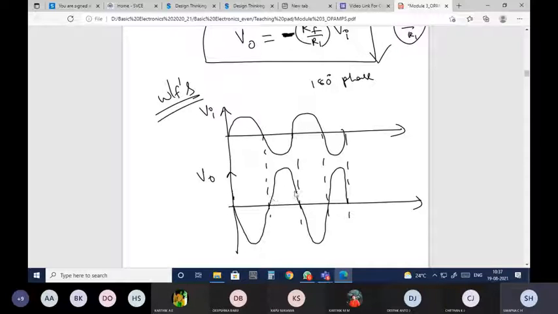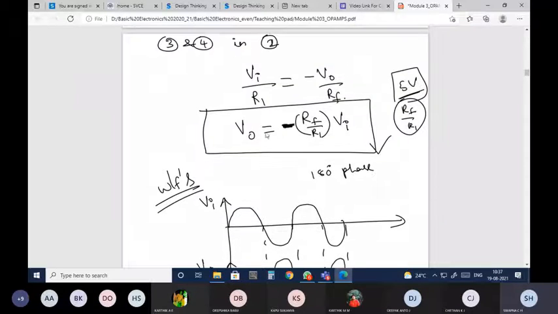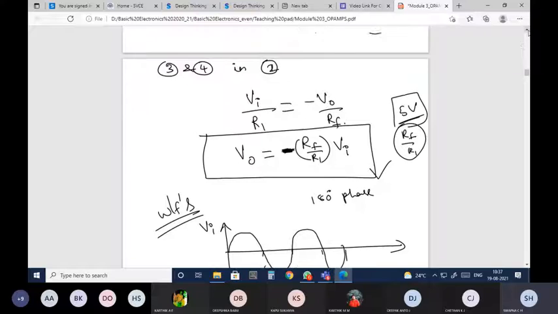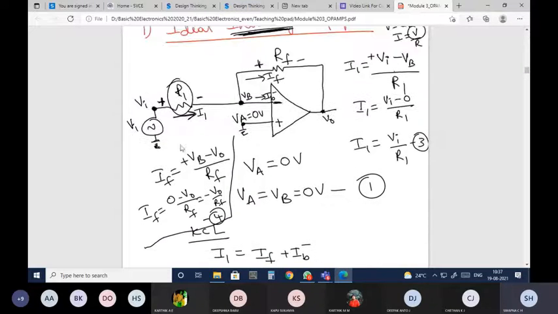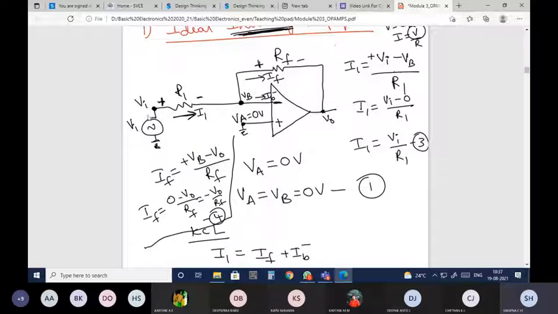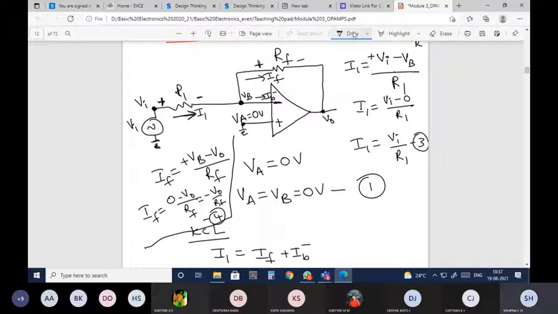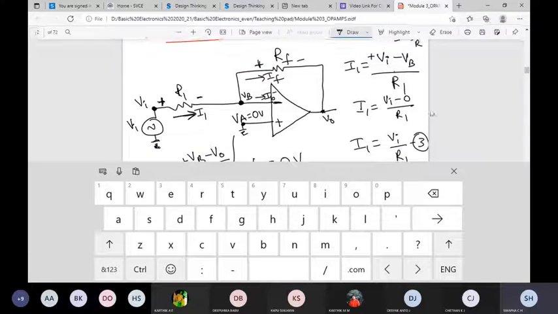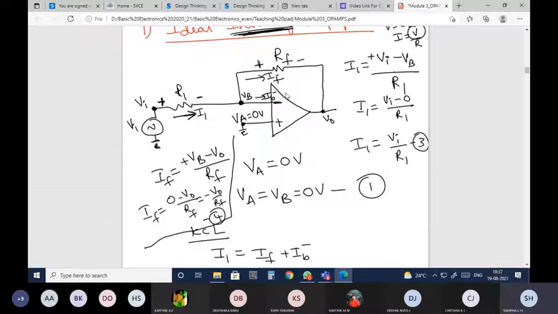inverting amplifier. Since you're getting a negative sign when you're providing input to the inverting terminal. See, if you just observe, we are providing input to the inverting terminal.